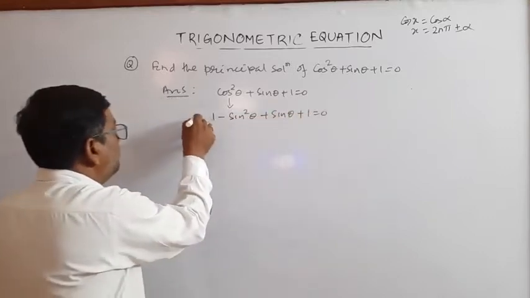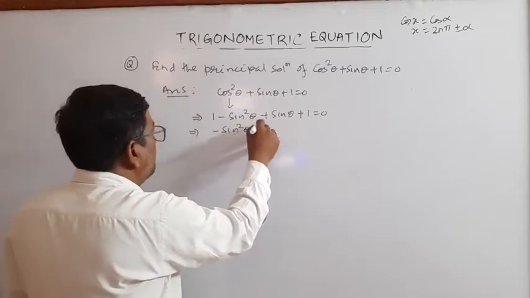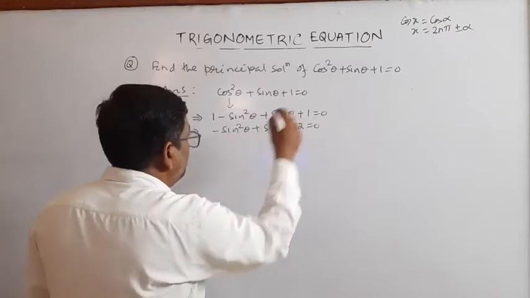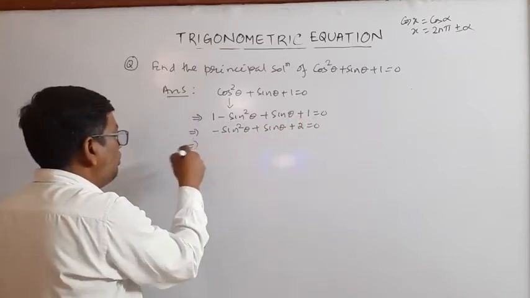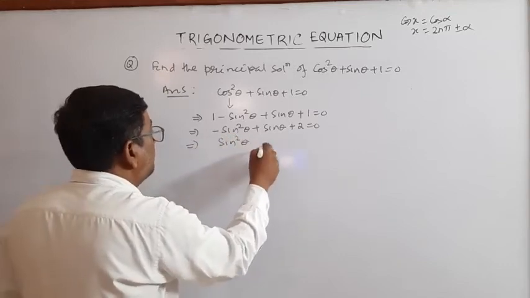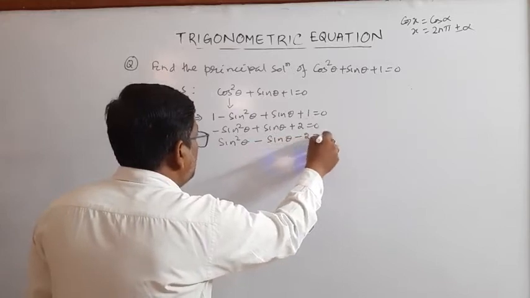That implies minus sin square theta plus sin theta plus 2 is equal to 0. Multiply both sides by minus 1: sin square theta minus sin theta minus 2 is equal to 0.